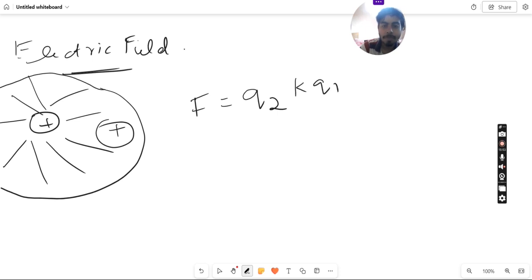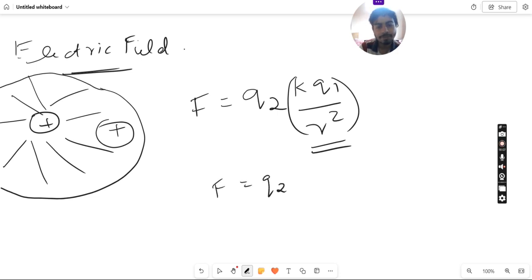If we take all the dependence and the constants together, this is the part that is dependent on q1 and independent of q2. Then we can also view it as F is equal to q2 into E, where E is the electric field. Now this E is only a quantity that depends on charge 1. It has no dependence on charge 2.